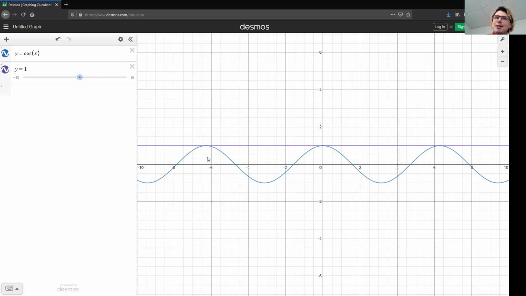Ooh, in purple, this is a tangent line to all of these different crests of my wave. How convenient. So at all of these coordinates, x equals -2 pi, x equals 0, x equals 2 pi, and so on, my derivative function should have a value of 0, right? A 0 slope means a horizontal tangent line.